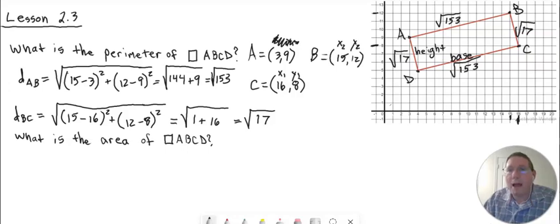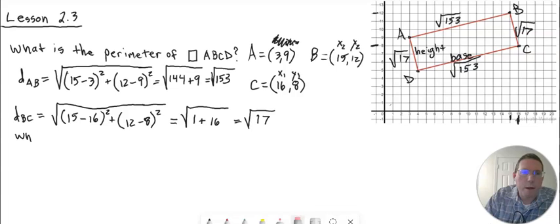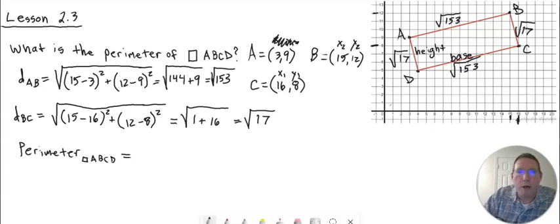Okay, there we go. So we have our four lengths, and now I want to erase this because I'm running out of room. So now, to identify the perimeter of rectangle ABCD, it's going to be equal to, I'm just going to add up the four sides.